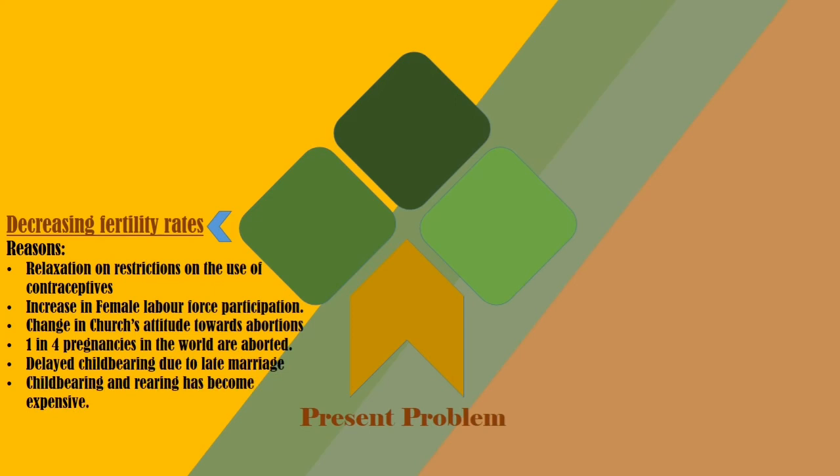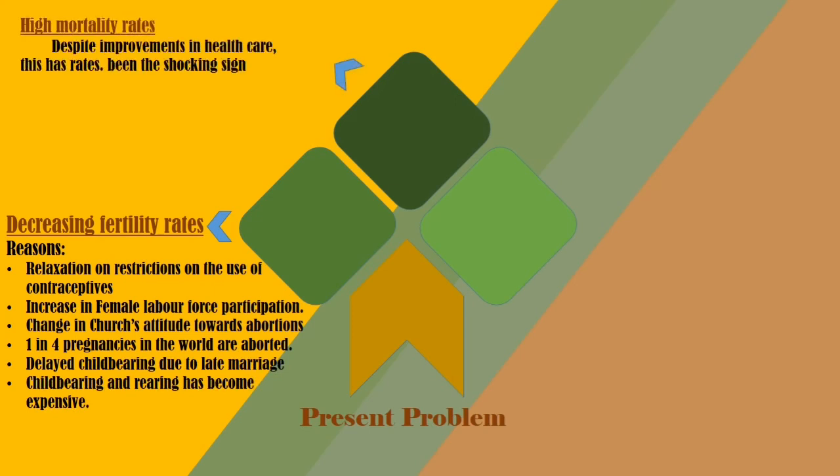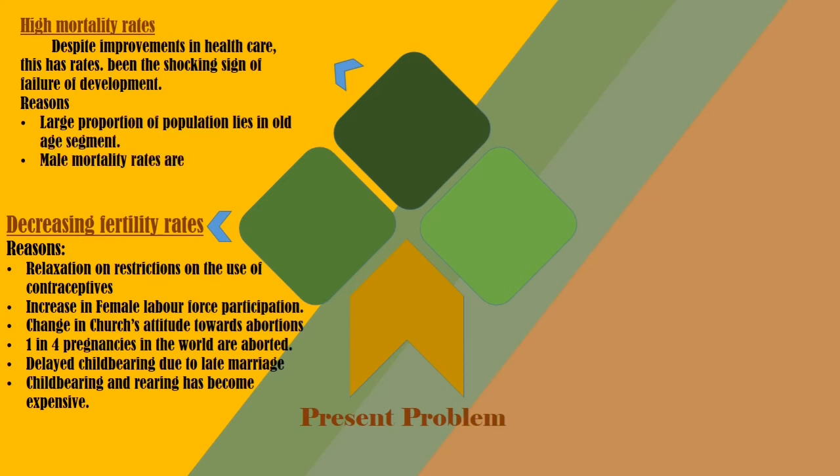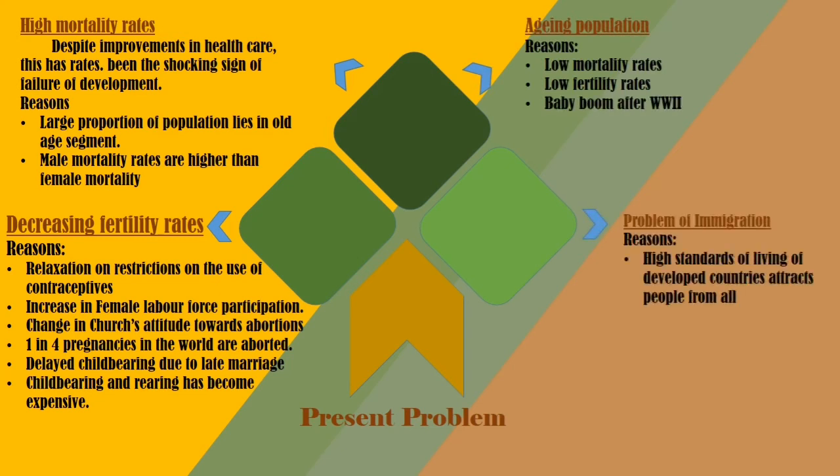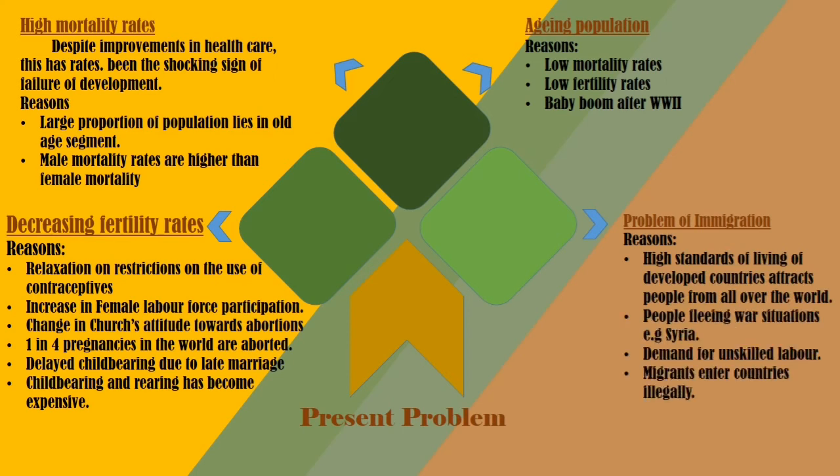Reasons under this problem include a relaxation of restrictions on the use of contraceptives, an increase in female labor force participation, a change in church attitude towards abortion, and 1 out of 4 pregnancies in the world are aborted, or delayed childbearing due to late marriages, or childbearing and rearing has become expensive.